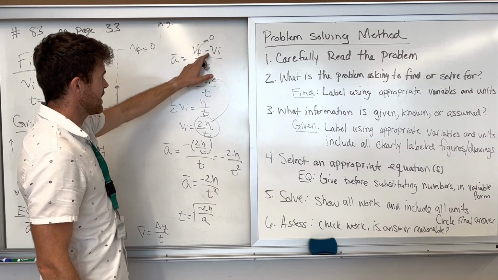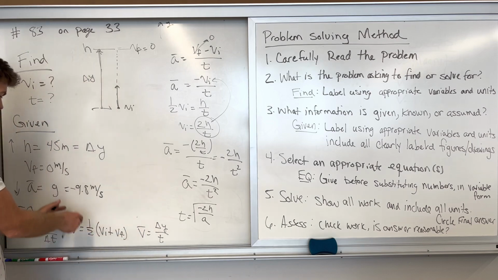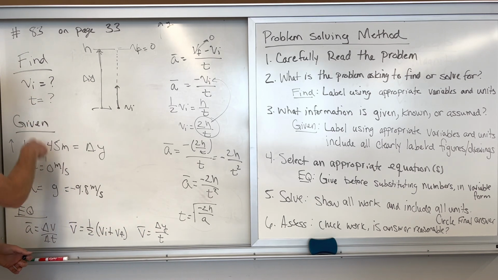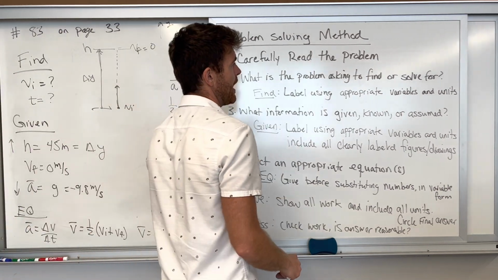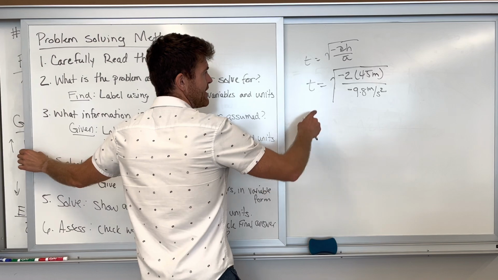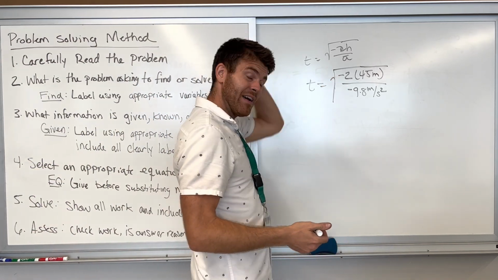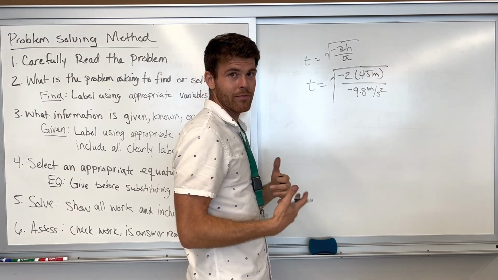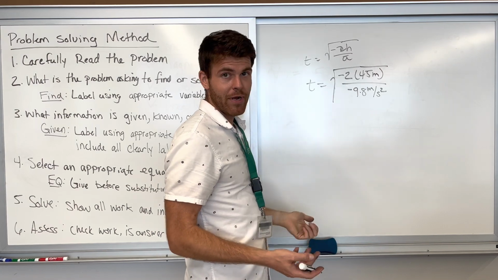It came from this negative sign there, because vf is equal to 0. If we didn't correctly give our acceleration that negative sign, because it's downward and we define upward as positive, then we'd be taking the square root of a negative number, and that gives us an imaginary number. It's not real. We need a real number for time. But these negative signs cancel each other out. So that's great.